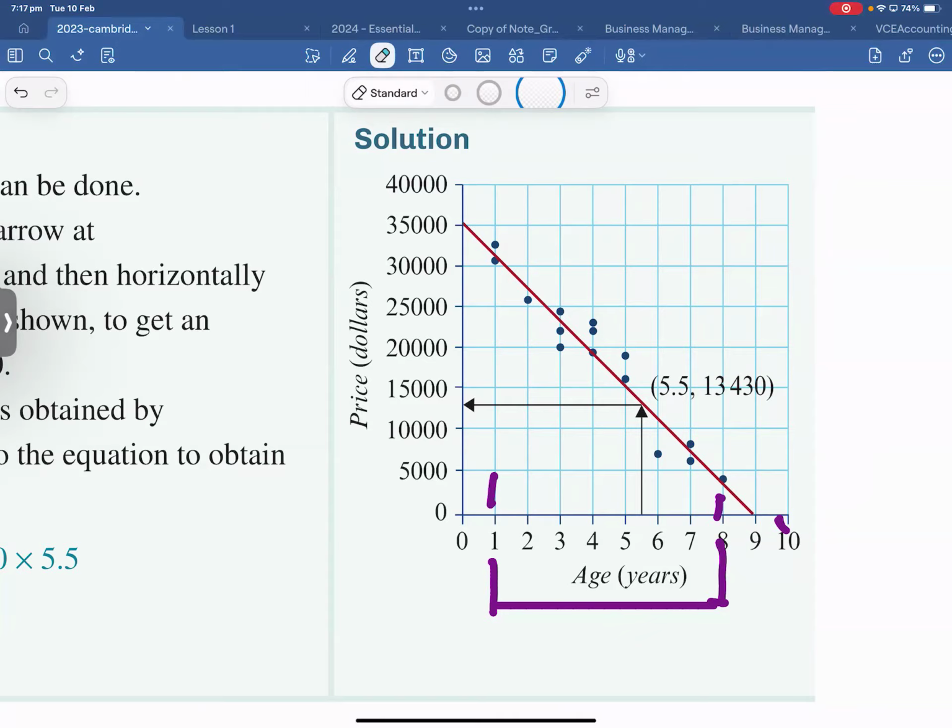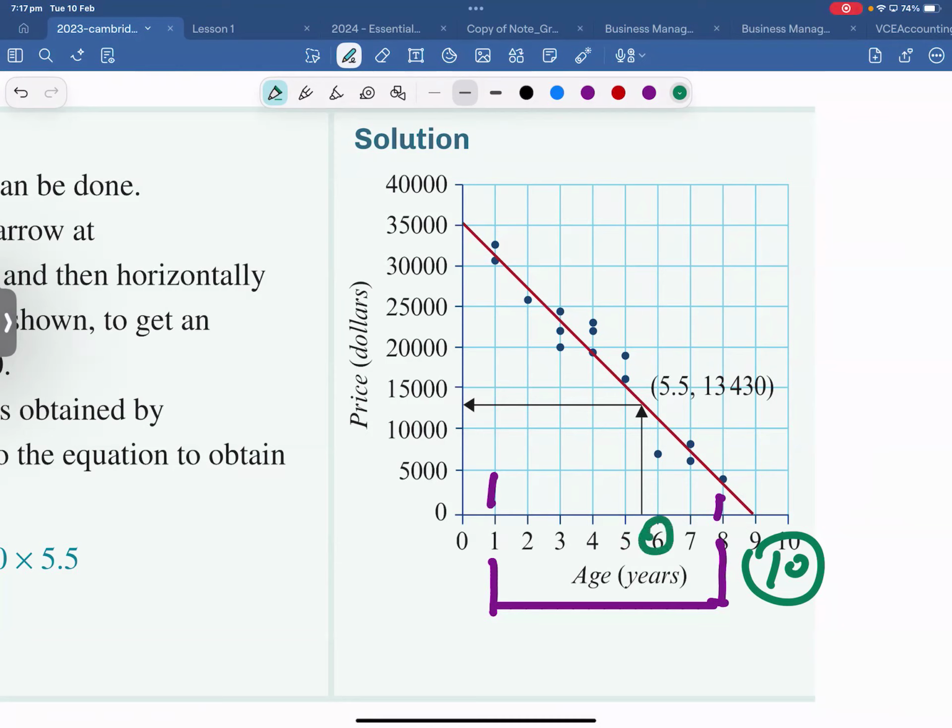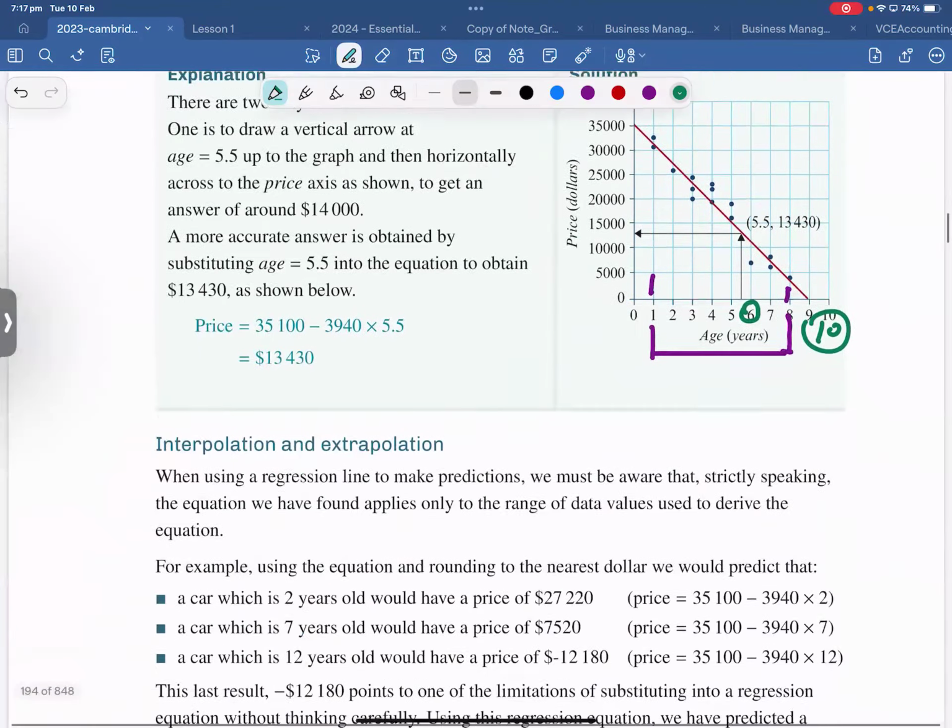Interpolation. If it is outside, extrapolation. Right? So what if our car is 10 years old? And then we calculate the value. That's going to be what? Inter or extra? Extrapolation, right? If it is 6 years, it will be interpolation. Why? Because the actual data plot is based on 1 to 8 years. That's the thing. Okay. All right.